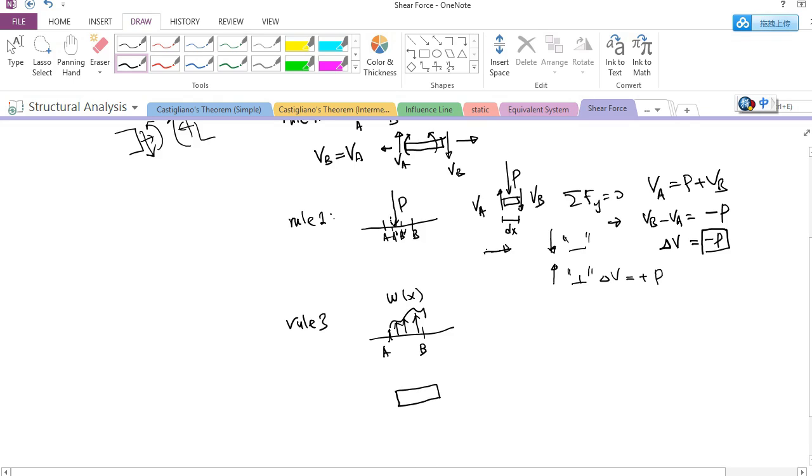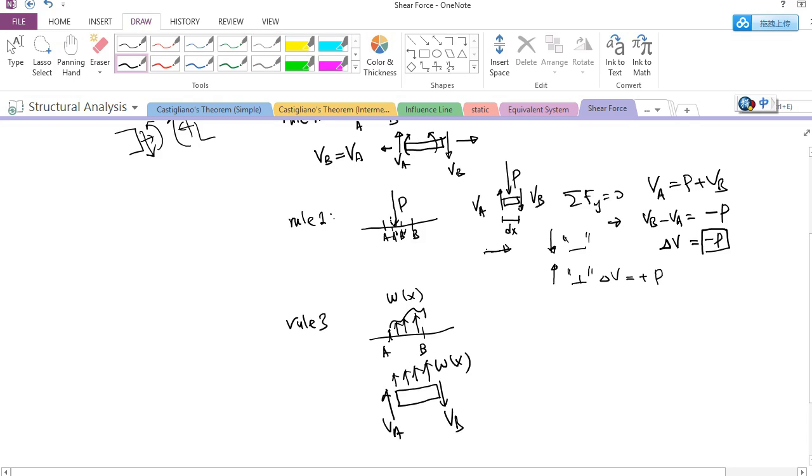You have a loading like this, called omega x, and then shear forces VA and VB. Of course, you have axial force and bending moment, but that doesn't matter. Let's talk about the distance first.